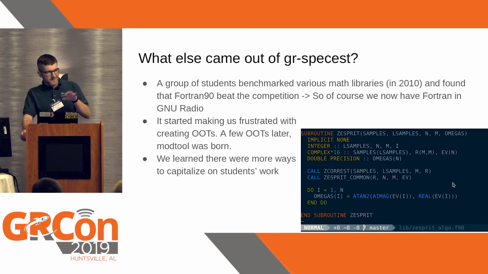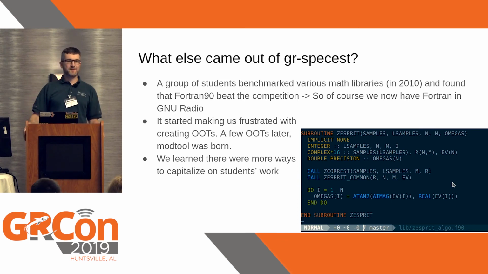I don't think the results are still accurate, so I don't want to quote those. But at the time, it turned out just running native Fortran was the fastest. So guess what? We had Fortran. That was Mo's fault, okay. Hey, Moritz. But we have running Fortran code. It still works. So we have Fortran code in GNU Radio, and I think that's pretty nice.